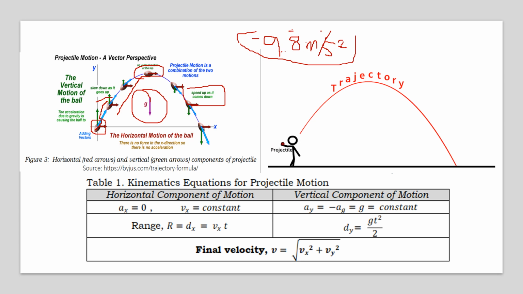This is the constant value of acceleration due to gravity, negative 9.8 meters per second squared.